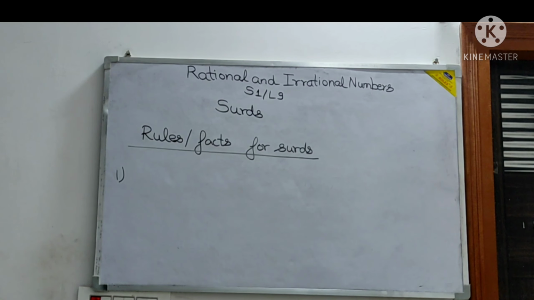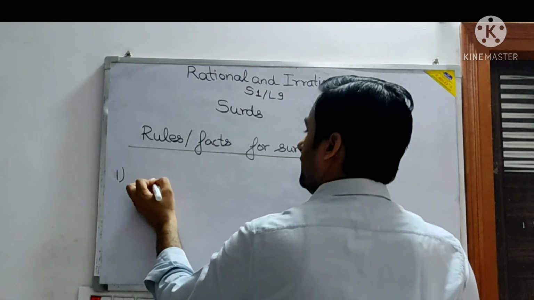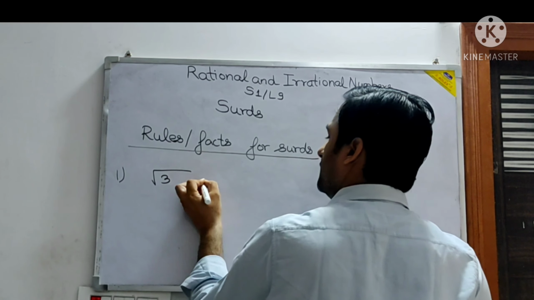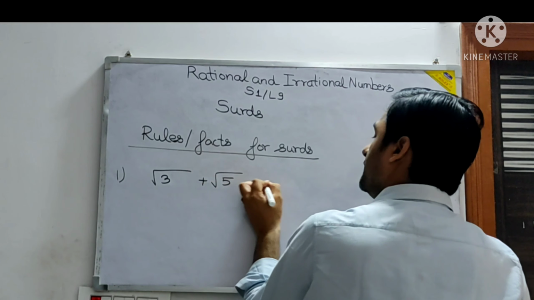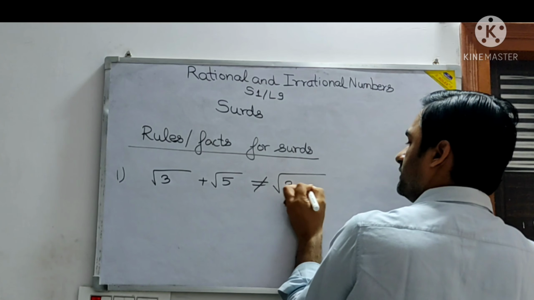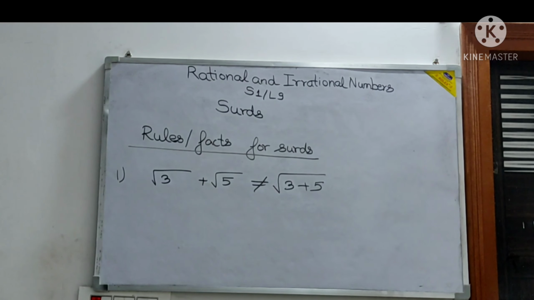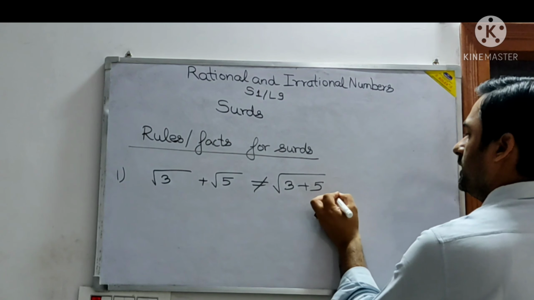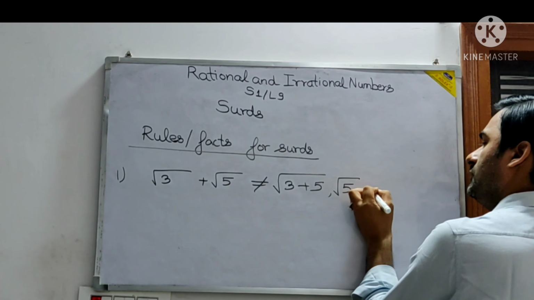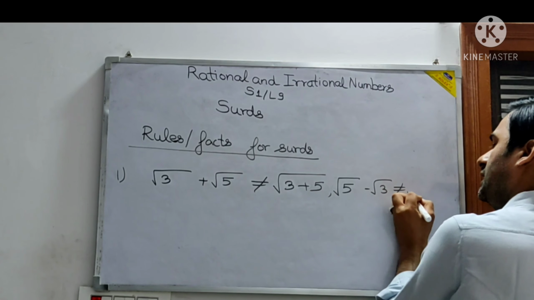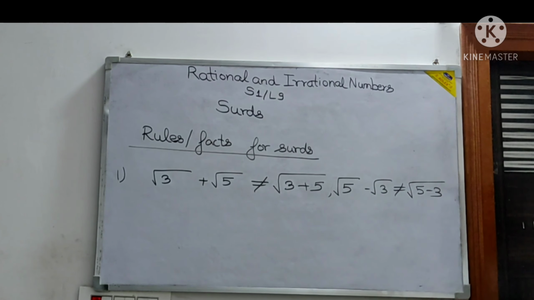The first rule itself you study, and the first rule is, if you are having root 3 plus root 5, you cannot write it as root of 3 plus 5. This is not possible. And one more thing, root 5 minus root 3, you cannot write it as root of 5 minus 3. Clear?